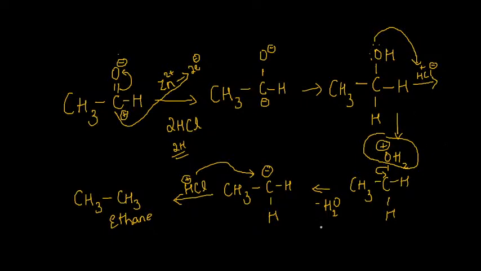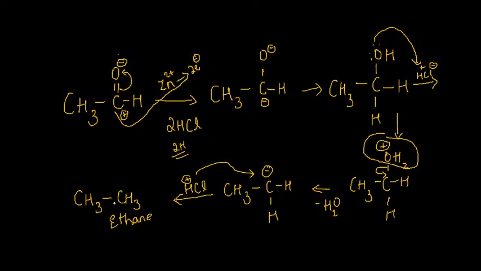Now remove this as H2O. When the water goes out, the carbon again gets a negative charge and it accepts one more proton and converts to a methyl group CH3, and what we get is a hydrocarbon. Is that clear, my dear students? Take a screenshot of this mechanism and understand.